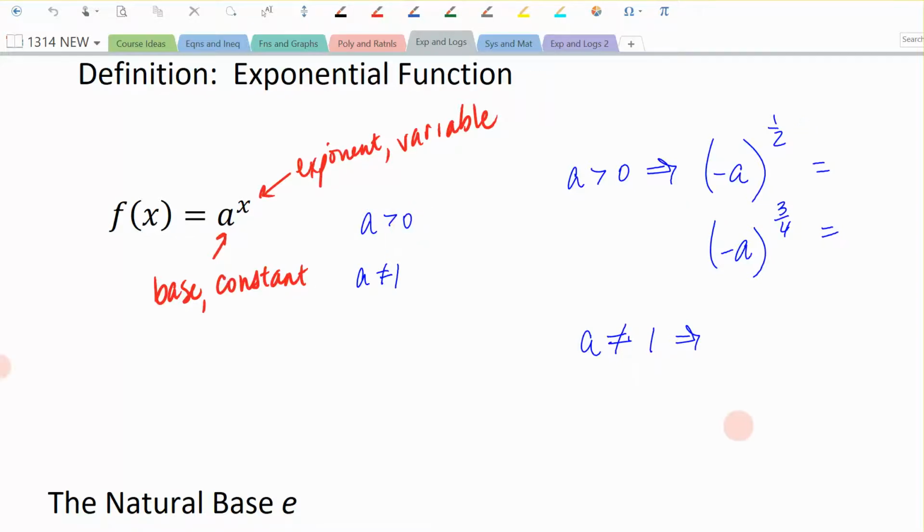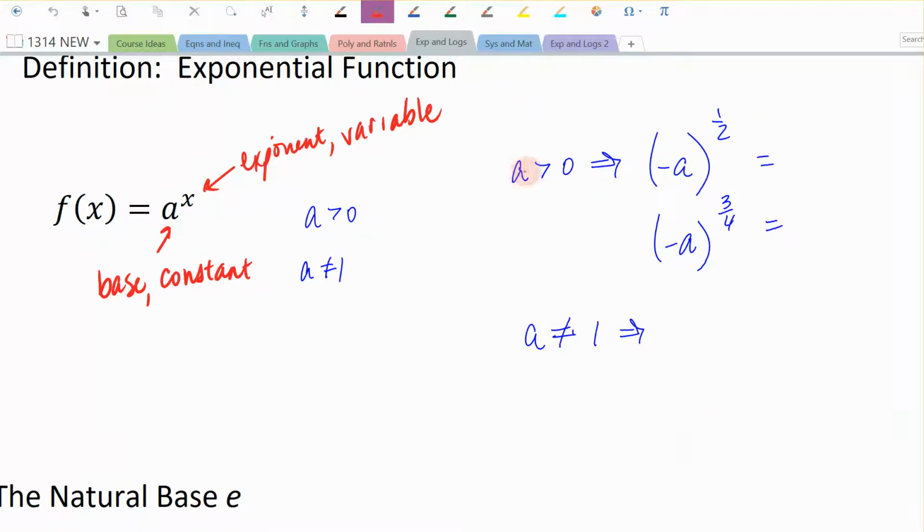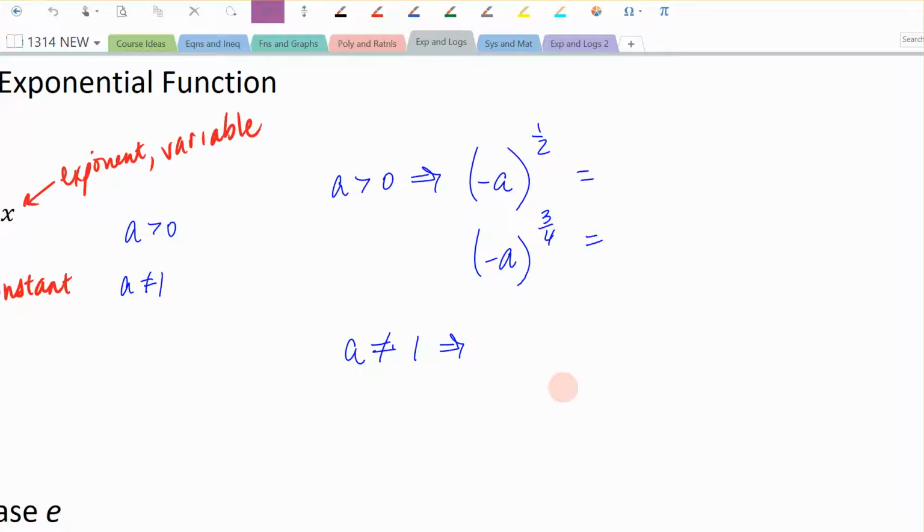Let's talk about a. If I let a be a negative number, a number less than 0, and I raise it to, let's say, the 1/2 power: if you remember, when I have a number written in its rational form and I want to rewrite it in its radical form, the base, negative a, goes underneath the square root symbol and is raised to the first power.